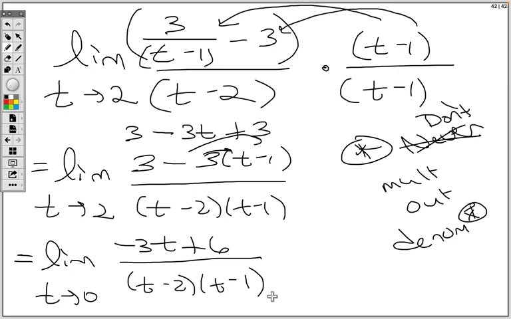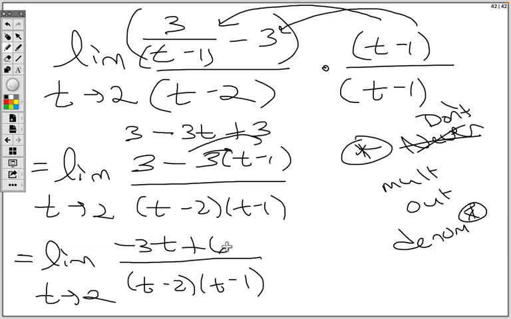We've gotten rid of the complex fraction. Oops, t is going to 2, not 0, excuse me. If you plug in t equals 2, we still get an indeterminate form, 0 over 0. Once again, the t minus 2 is what we're looking to cancel out.